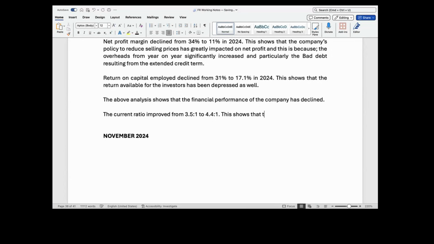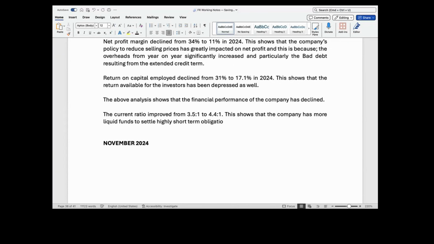This shows that the company has more liquid funds to settle short-term obligations.